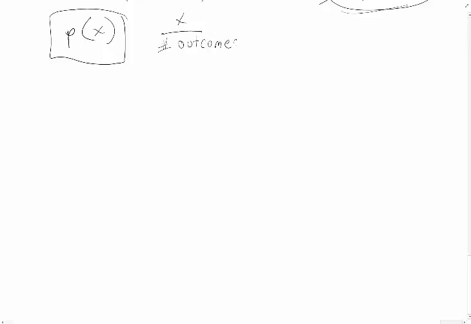For example, the probability of a heads is the times that a head can happen out of the total outcomes, which are heads or tails. So the probability is 0.5. So that is the answer to question number 1.